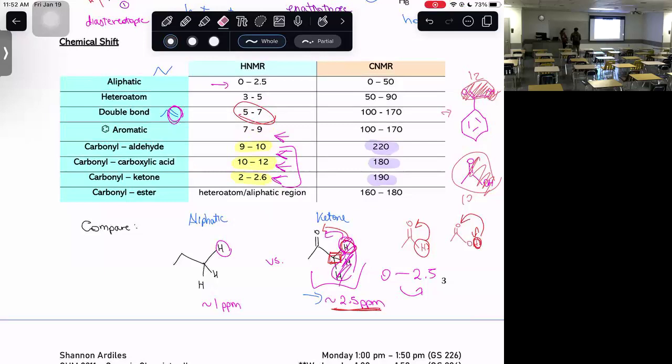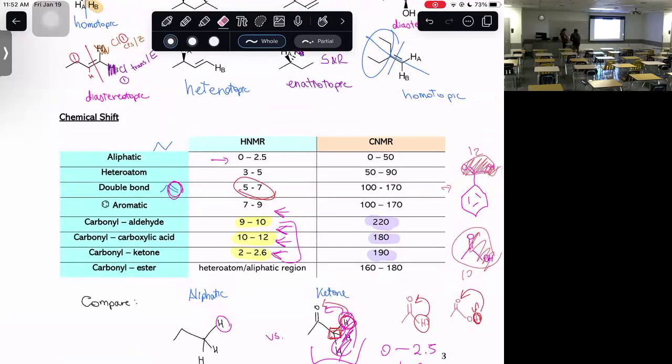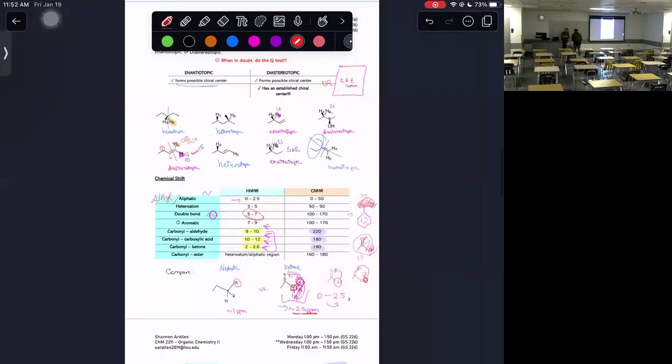Okay, so what would the aliphatic be considered? Aliphatic is just any simple carbon. So any atom that isn't carbon or hydrogen that's connected to a carbon chain is considered a heteroatom. Okay. Alright.